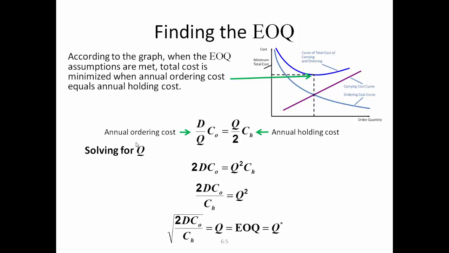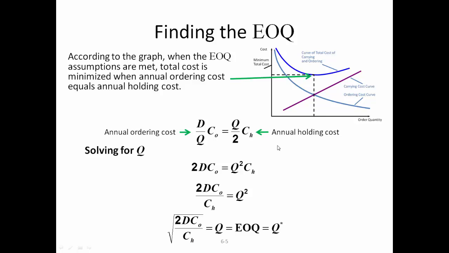So, bringing our graph with us and taking the annual ordering cost, which we computed earlier, and the annual holding cost, and setting them equal to one another. And in this case, what is it that we want to do? Well, we want to solve for Q. And in solving for Q, we take it through a series of basic algebraic manipulations.